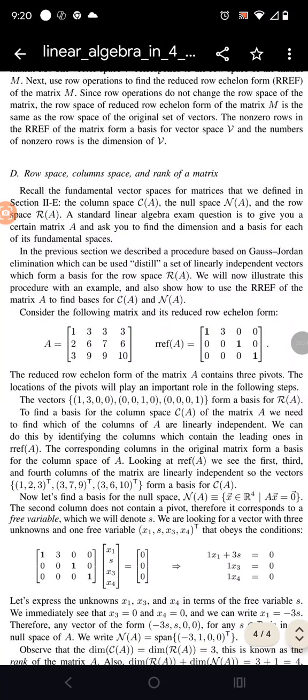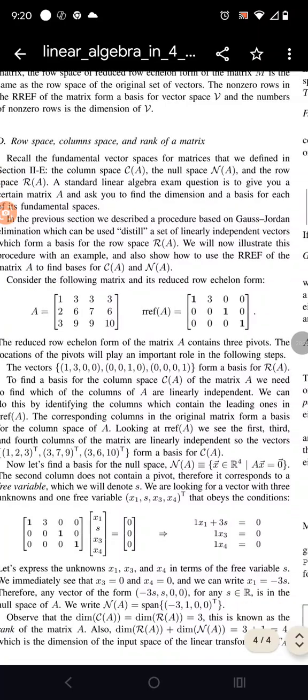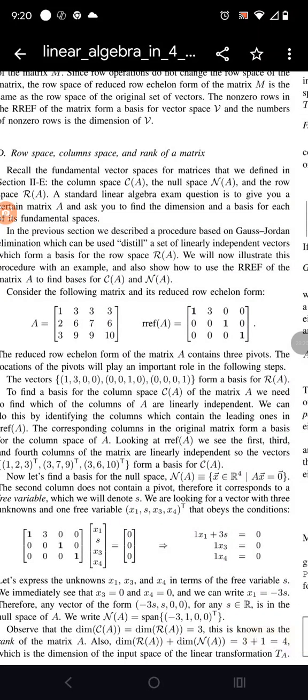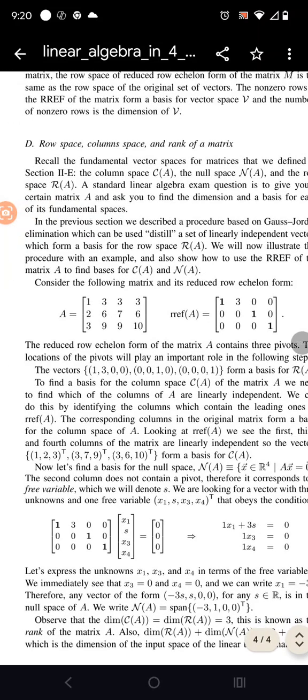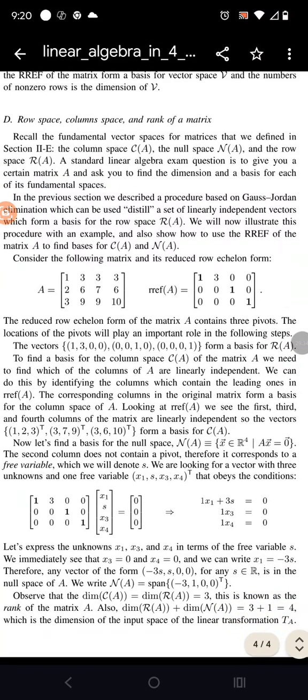So to find the basis for the column space, we need to find which of the columns of A are linearly independent. So we can see the first column (1 2 3), and the second column (3 6 9) is basically a multiple of the first column. So the second column we can ignore.